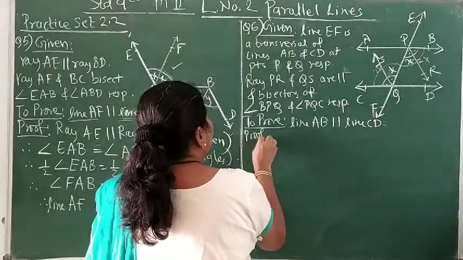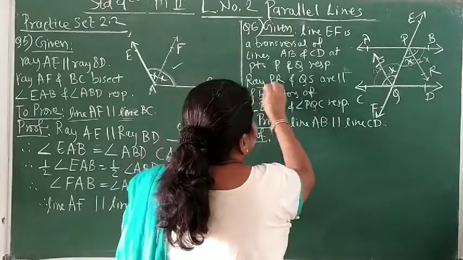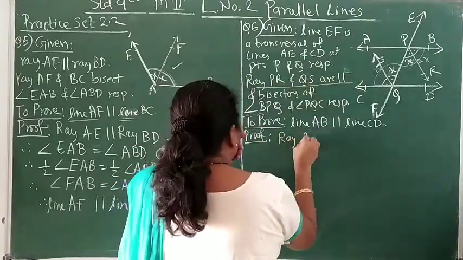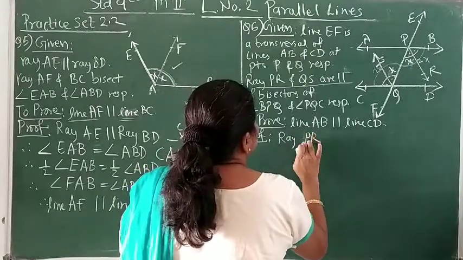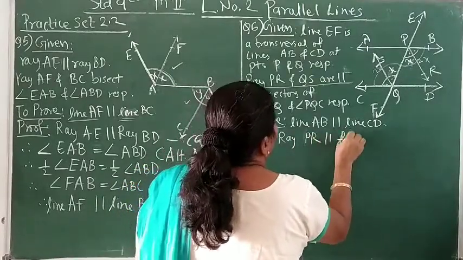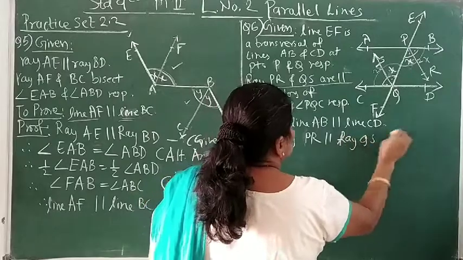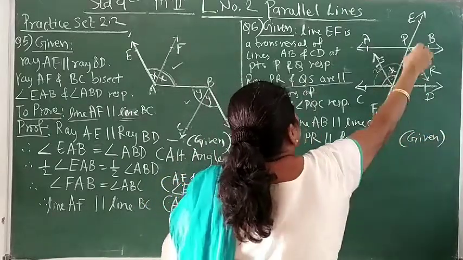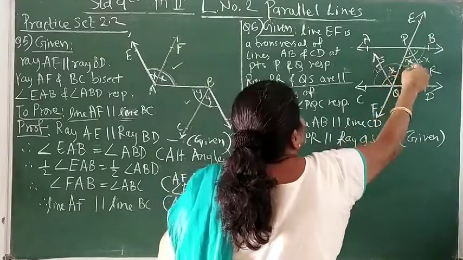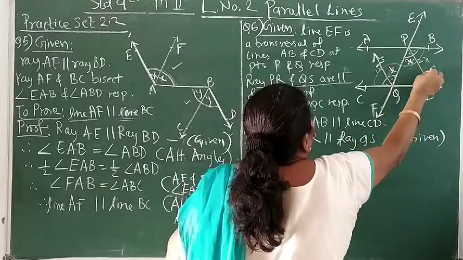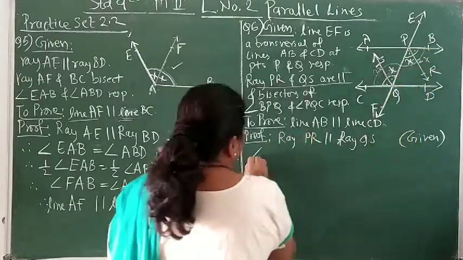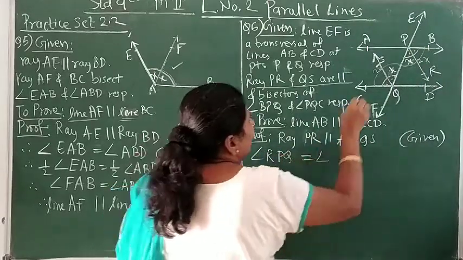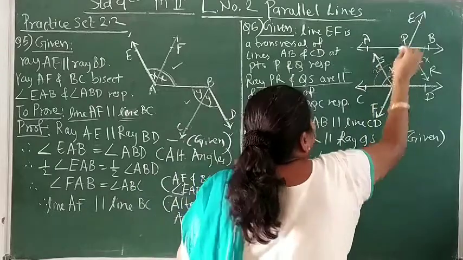For the proof, we start with these two being parallel. Ray PR is parallel to ray QS by given. If these two rays are parallel, taking this as transversal, these two angles are alternate. Therefore angle RPQ is equal to angle SQP.